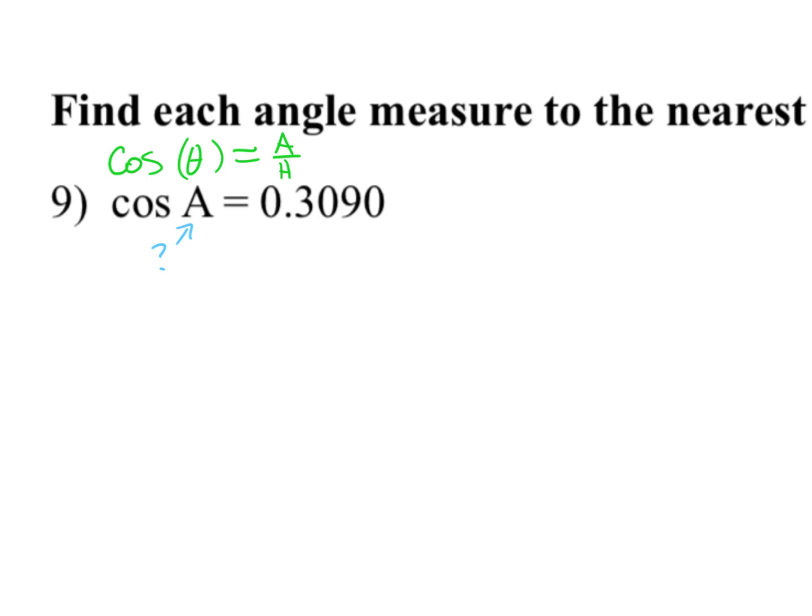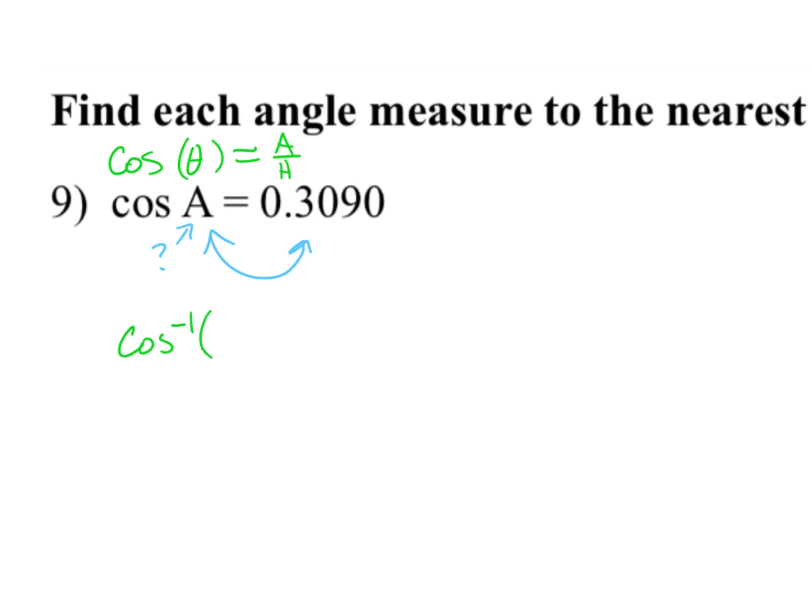And remember, we know that cosine inverse, we can find the angle, right? Because more or less, we just need to switch this. So what's the opposite of cosine? What's the title today? Inverse. So it's cosine inverse.